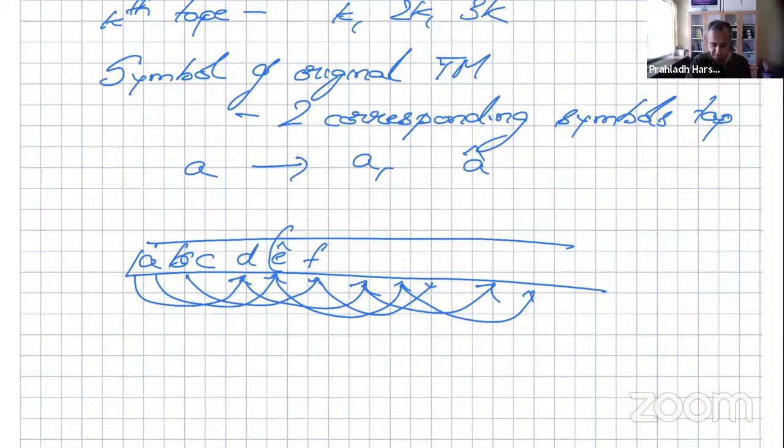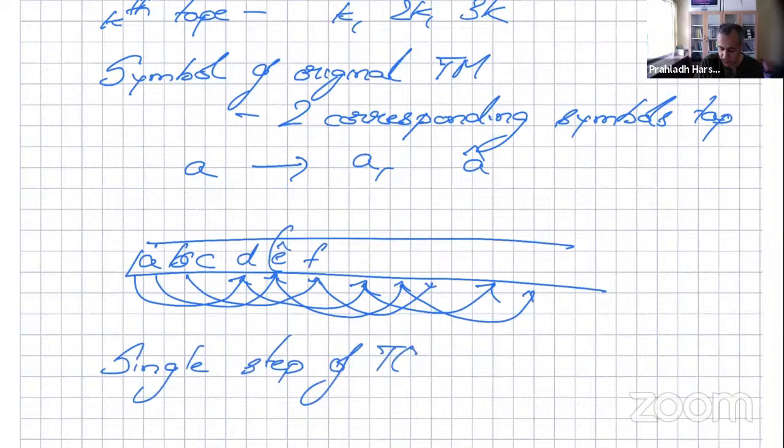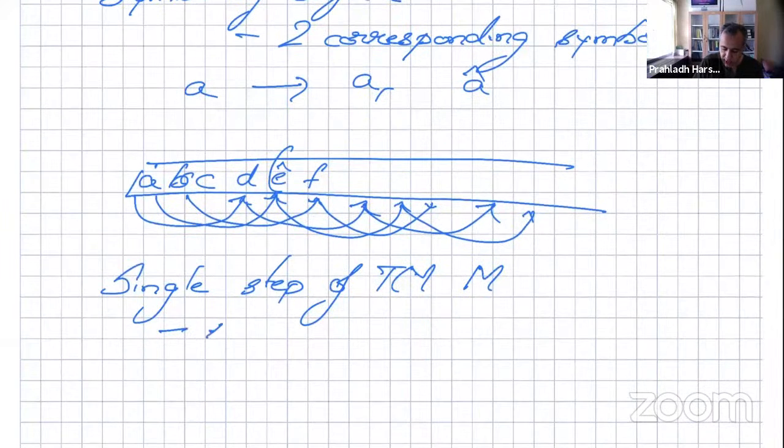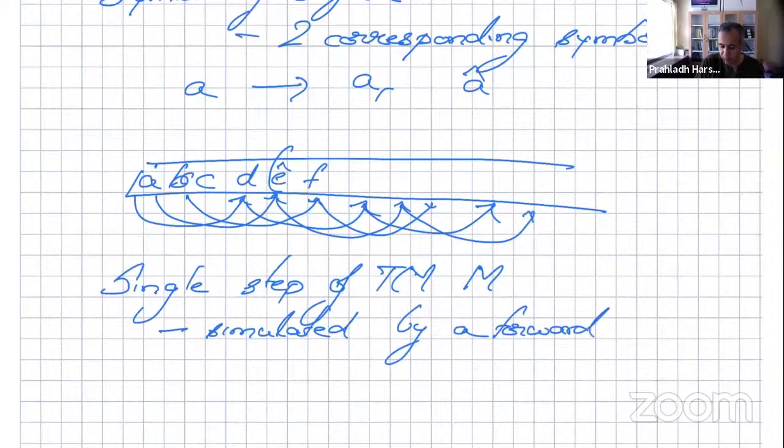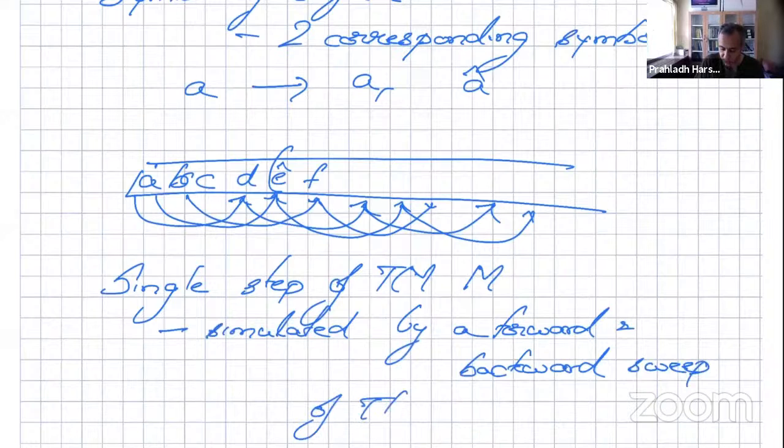So a single step of TM M is executed, is simulated, by a forward and backward sweep of Tn steps each.